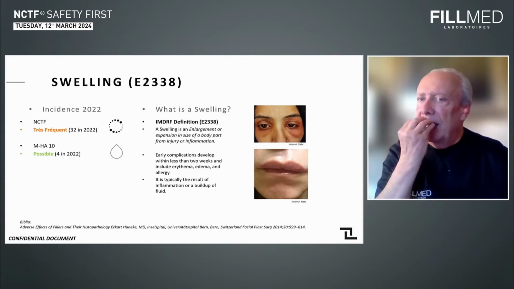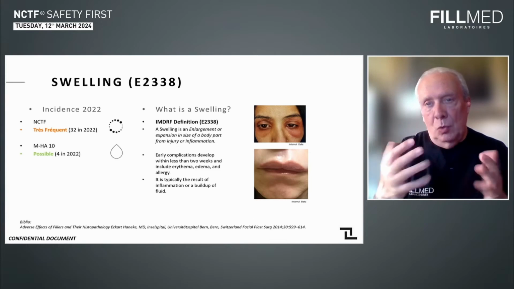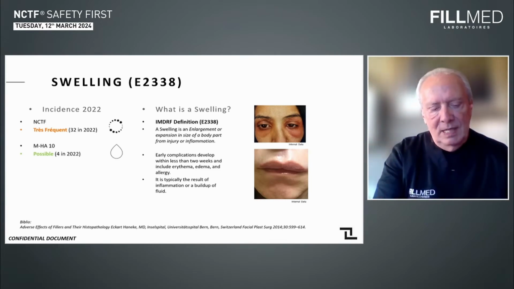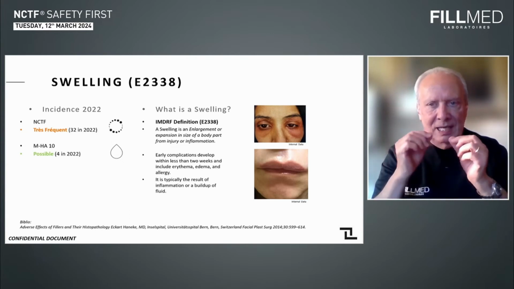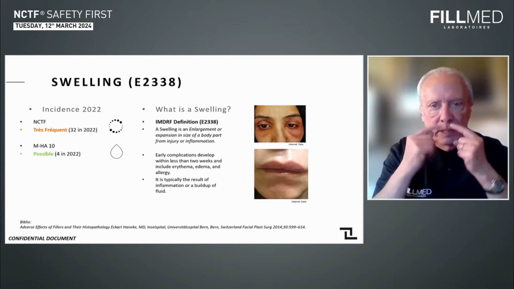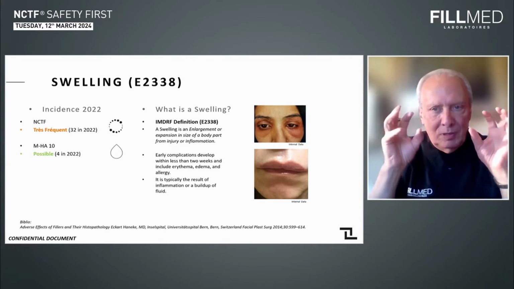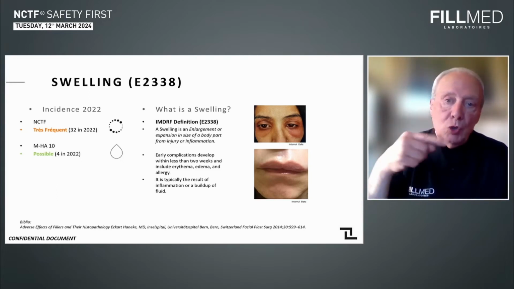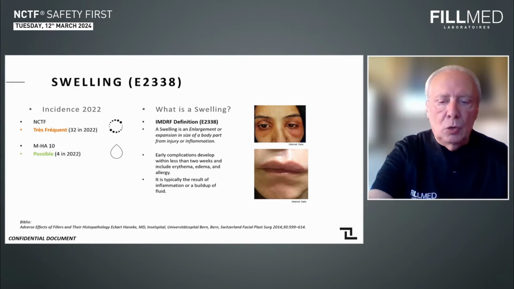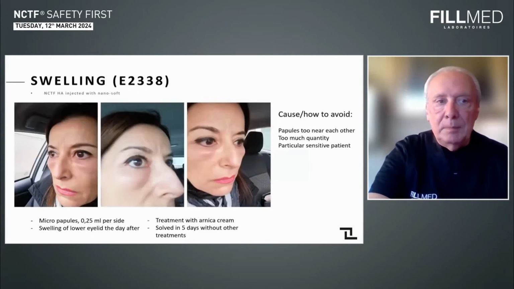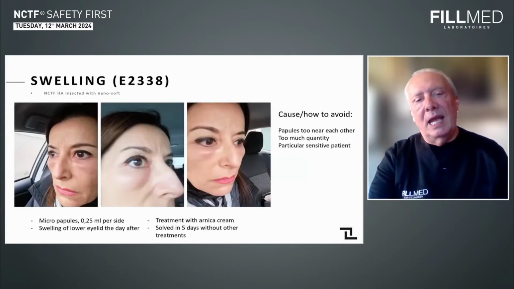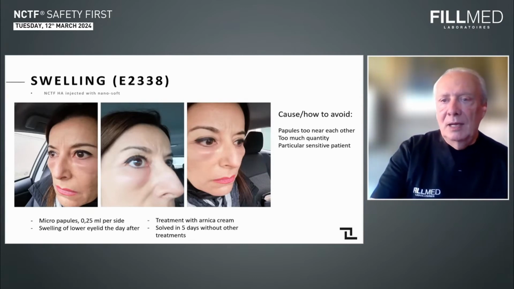You see this lip, the patient was particularly sensitive, but the doctor injected a little bit too much in the lip, and here the papules were very nearby. Also, on this patient, there is some redness, some erythema that can be possible. This is a patient that I had to follow.